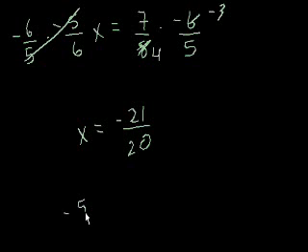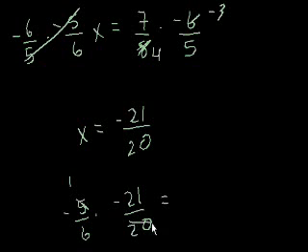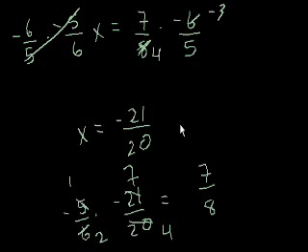So minus 5/6 times minus 21 over 20. On this 5, we could make that into 1, turn this 20 into a 4, make this 6 into a 2, make this 21 into a 7. Negative times negative is positive, so we have 7 over 2 times 4, which is 8, and that's what we said we would get. So we got it right.